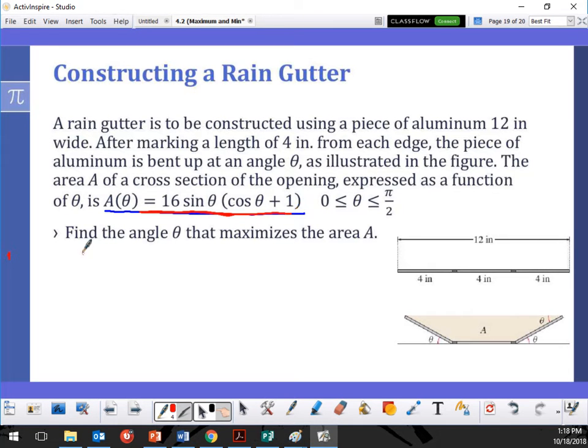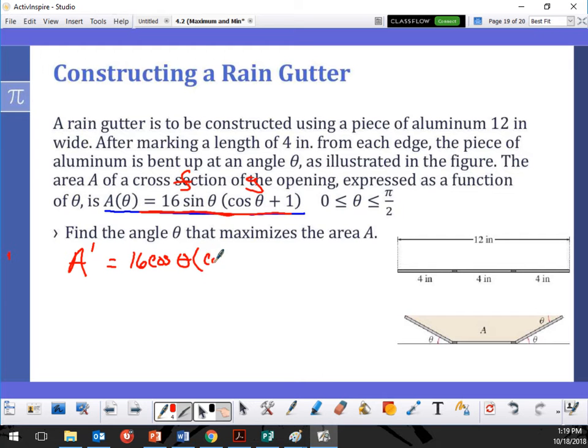So I'm going to have that my dA, it's product rule, right? dA, I'm just going to use A prime instead. So A prime is going to give me what? We have F and we have G. So if it's product, F prime would be what? 16 cosine theta, right?